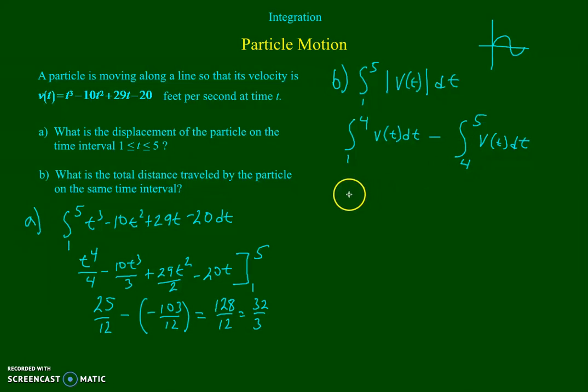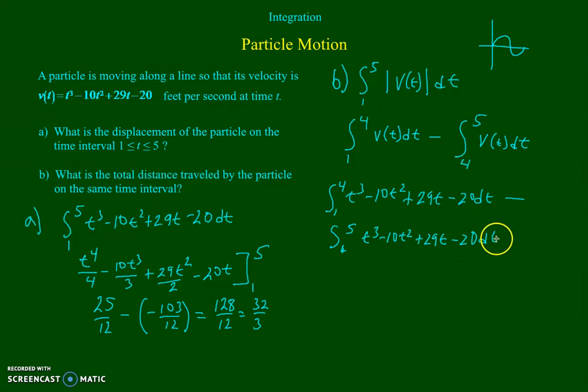To evaluate this, we're going to integrate from 1 to 4 of t to the third minus 10t squared plus 29t minus 20 dt, minus the integral from 4 to 5 of t to the third minus 10t squared plus 29t minus 20 dt.